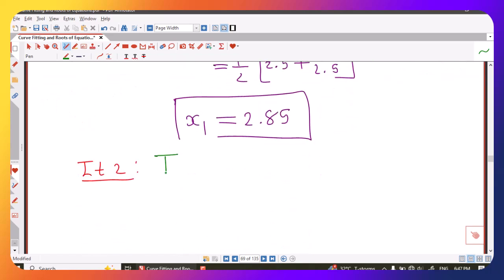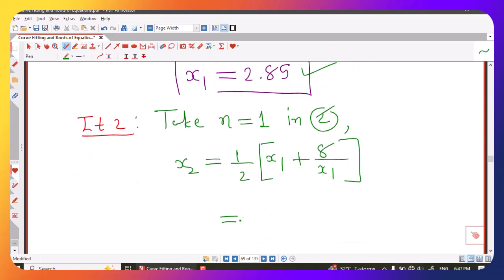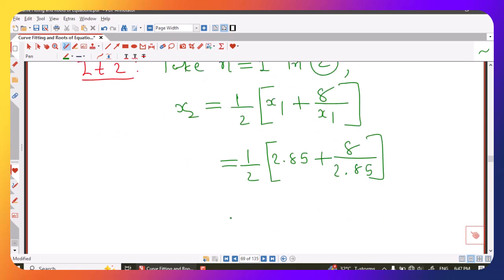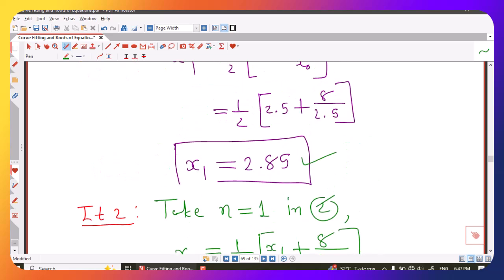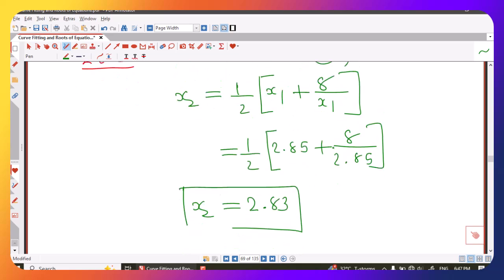So now we take n equal to 1 in equation number 2, and our x2 is 1 by 2 times x1 plus 8 by x1, and x1 is 2.85, so here we put x1 equal to 2.85, so 8 divided by 2.85, and using scientific calculator I find that value of x2 is 2.83, and we compare this with x1. x1 is 2.85 and x2 is 2.83, so we have to go for one more iteration.